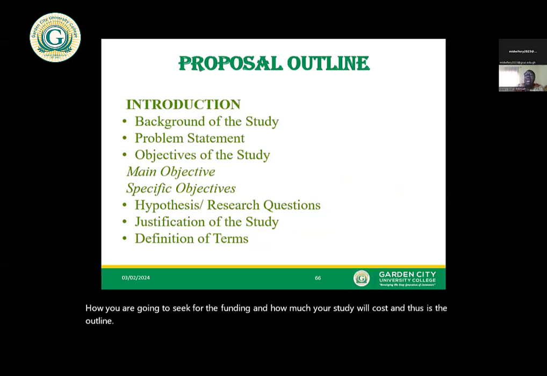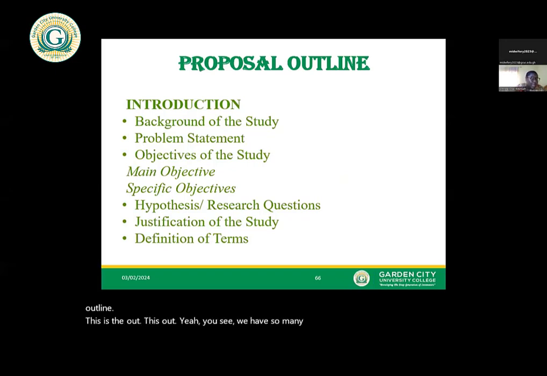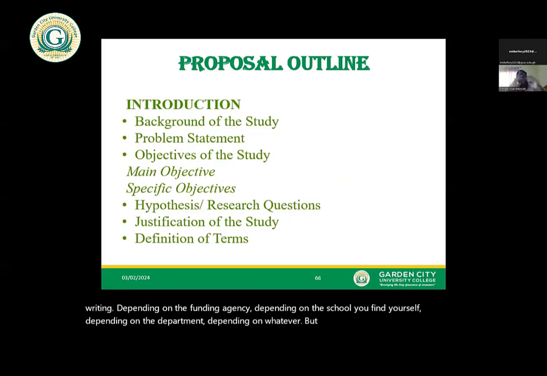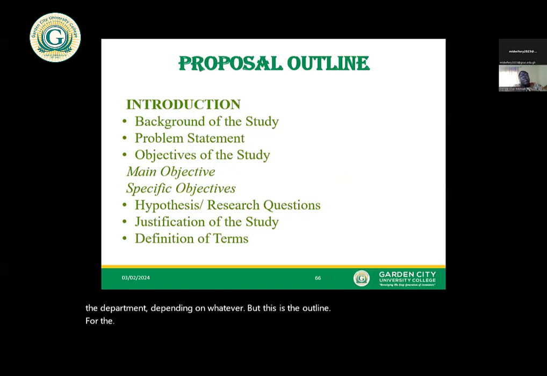We have so many outlines when it comes to proposal writing, depending on the funding agency, depending on the school you find yourself, depending on the department. But this is the outline for the Department of Nursing and Midwifery.